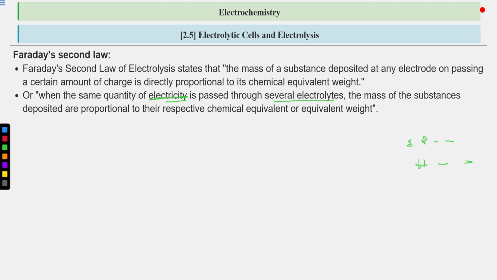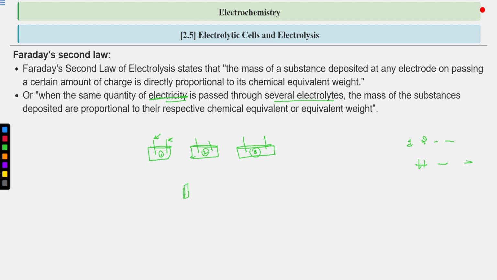so let's suppose we have three cells. One cell having two electrodes, second cell again having two electrodes. So this is the first cell, this is the second cell, and let's suppose this is the third, which again has two electrodes. Now if the electrolysis process is happening in these cells, the substance is depositing over the cathode and liberating from the anode, right?